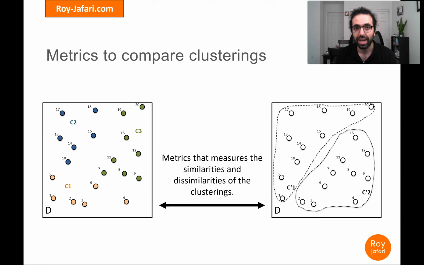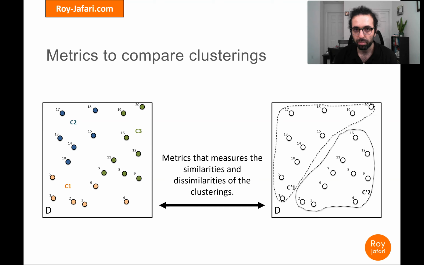If the clustering algorithm does not come to very similar clusterings, we may have to question if there are meaningful patterns among the data objects, because k-means is reaching very different outcomes, right? So we need a way to compare clusterings so we can see if we are arriving at a meaningful clustering. And that's the goal here.